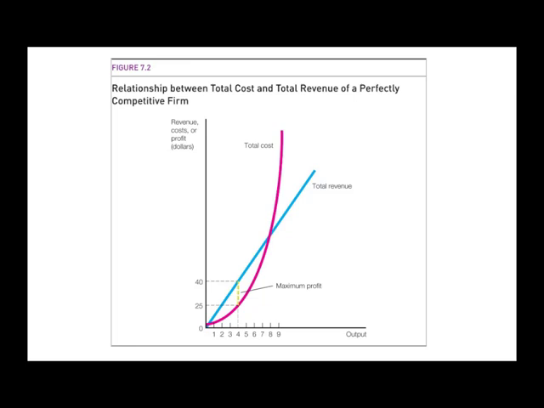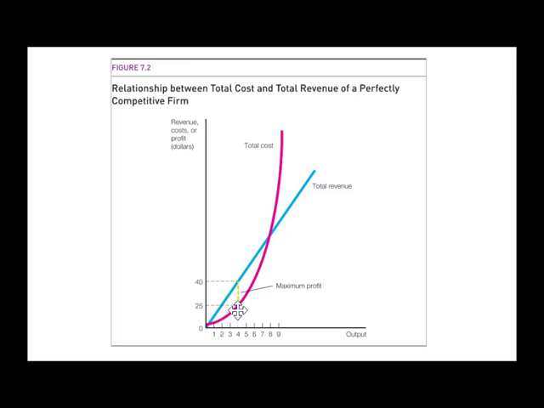And total cost, which has plus Q squared, is a quadratic term, so it is increasing at an increasing speed. As you see there, the total revenue minus total cost at each quantity of output, that's the distance between these two curves, indicates the size of total profit. And the difference is actually maximal when Q equals 4, as you see at the dotted yellow line. And it indicates the size of profit is 40 minus 25, that's the total profit.